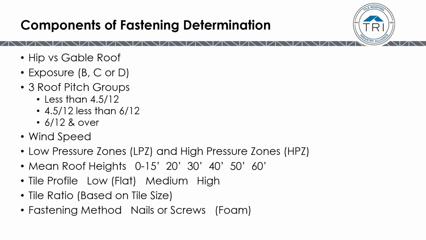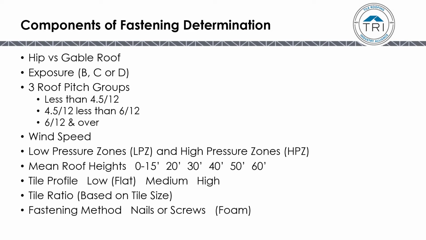We'll go over those in another slide. What wind speed are you in? Always check with your local building department to ensure that your wind speed is their wind speed. What are your low pressure zones and what are your high pressure zones? What's your mean roof height? Anywhere from 0 to 15 feet up to and including 60 foot. Above 60 foot, you'll have to do some engineering.